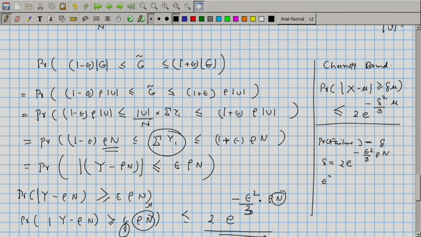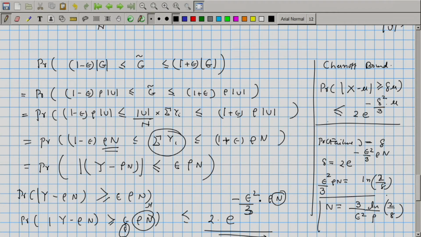So, epsilon square by 3 rho n is equal to log 2 by delta. So, n will be equal to 3 by epsilon square, log 2 by delta by rho.